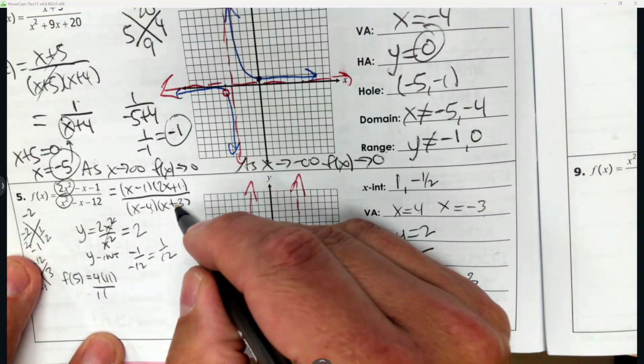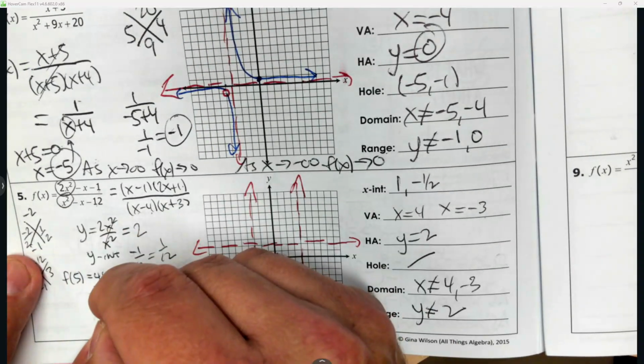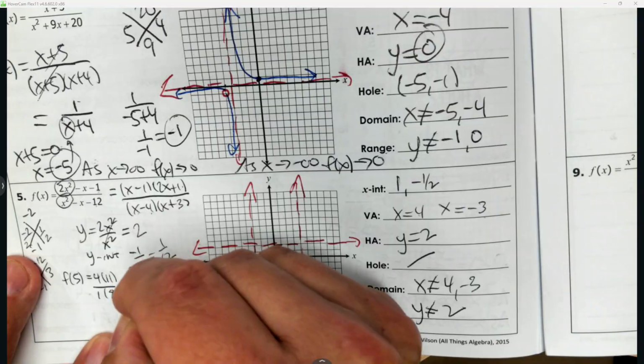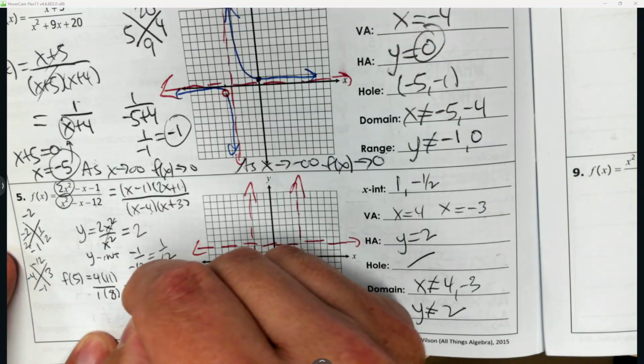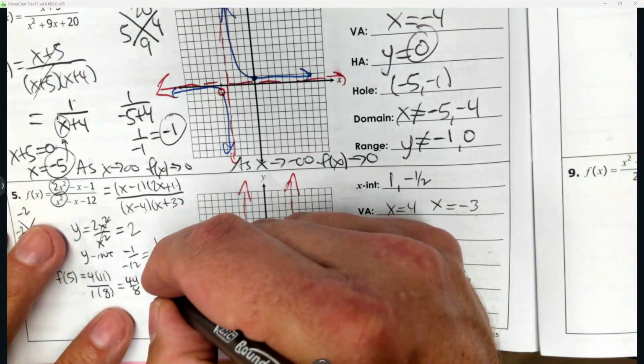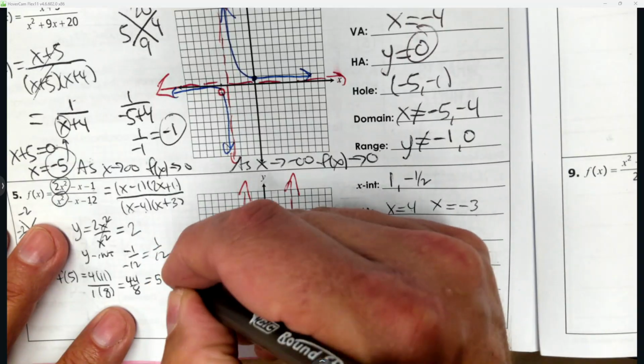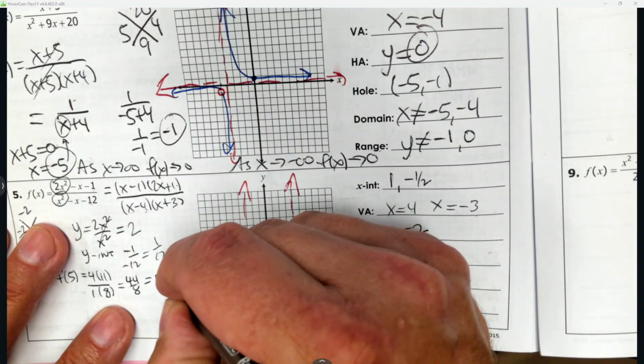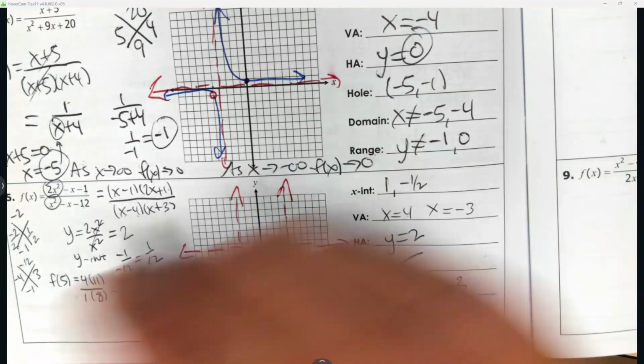And then 5 plus 3, which is 8. So if I put this together, I get 44/8, which is hard to put on the graph. But 8 goes into 44 5 times, and then what's left is 4/8, or 1/2. So I can put that on the graph.